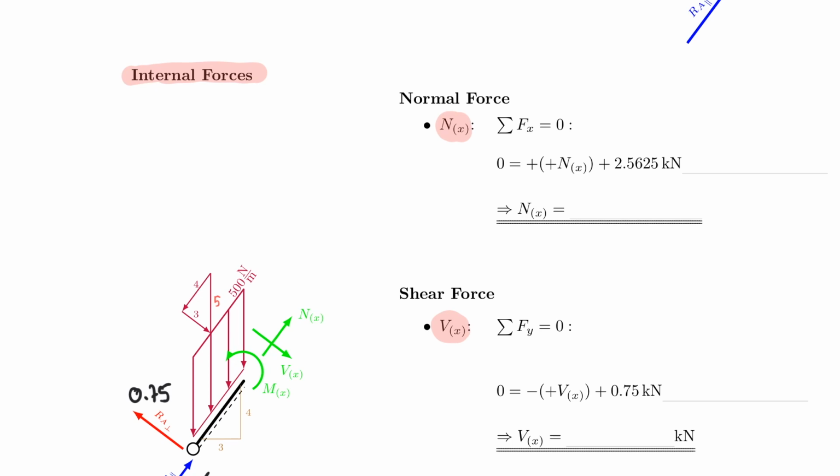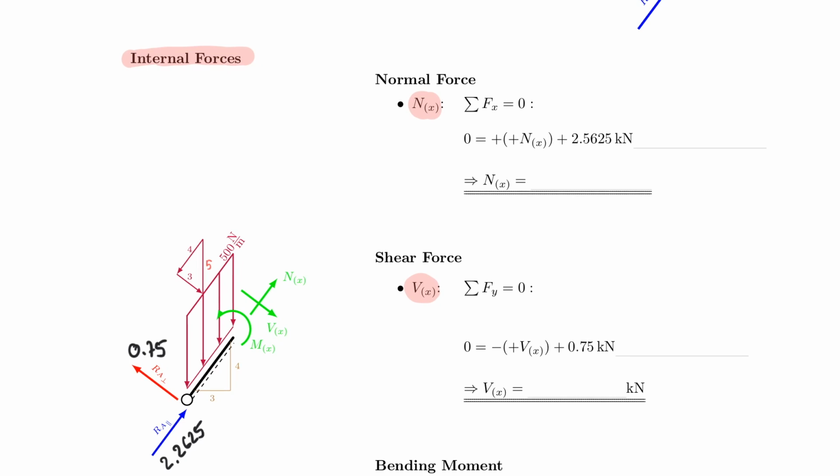As always, and as we have done many times before, we set the sum of the forces in x equal to 0. Just be careful with the x, because x now runs along the dashed fiber. In fact, that's what the dashed fiber always says: that we have to go x positive from the left to the right if the reference fiber is on the bottom.